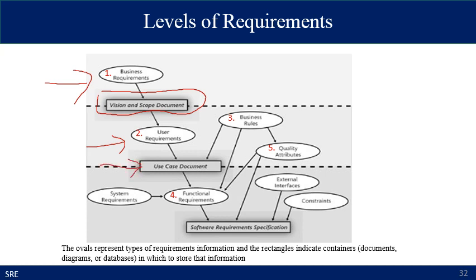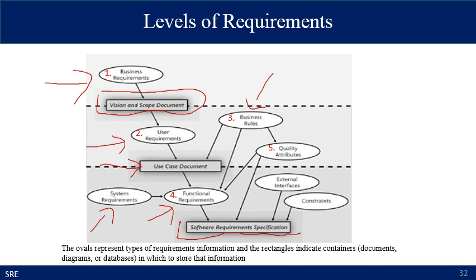We will learn about making use case documents in the next few lectures. And then you have to identify the system requirements to put on functional requirements with the combination of use cases and system requirements. And there are some specific business rules which can be applied to the use case documents, functional requirements, and quality attributes. Quality attributes can also be applied to functional requirements and a software requirement specification.